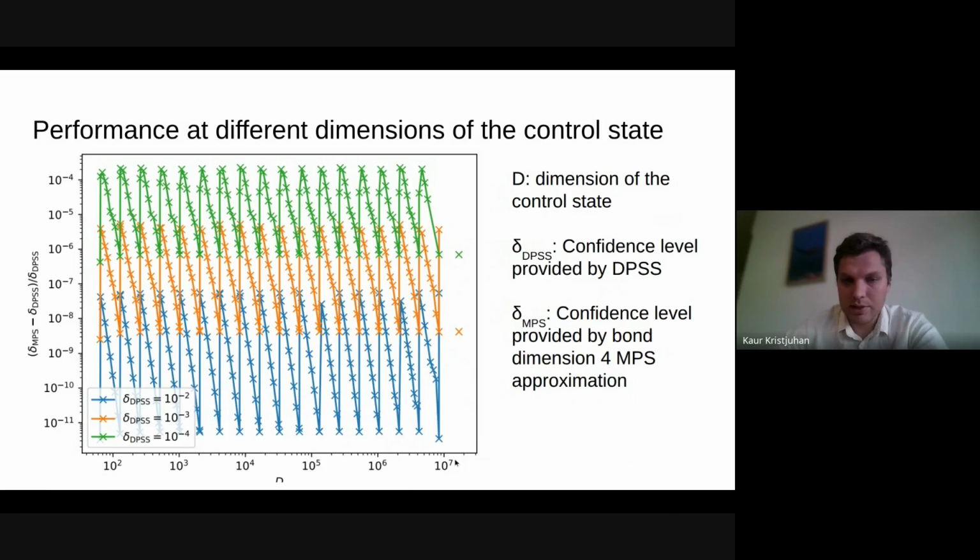But based on this periodic pattern and also a theoretical explanation that we give in the paper, we expect this pattern to continue up until whatever number you like. So this is up to 24 qubits. That means if your control state is a 24-qubit DPSS state, then you're still having this great performance of the matrix product state approximation, which you can use.